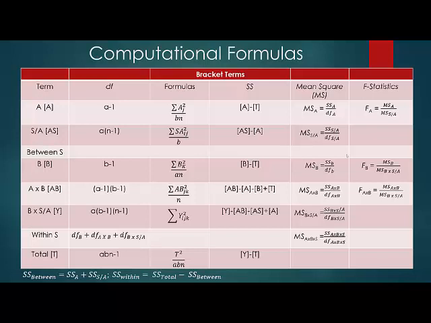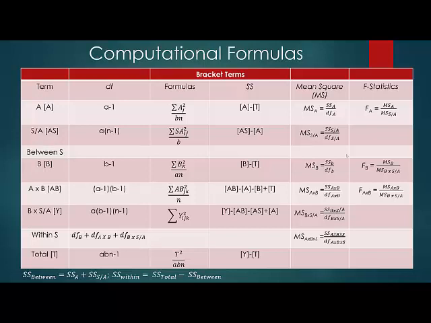And you can see the second column is how we estimate our degrees of freedom. The formulas there are for estimating our sum of squares values, and we see the sum of squares, so we can either use the means or the sums. For the SS, that's our sum of squares, and we saw how we estimated those bracketed terms on the previous slide.